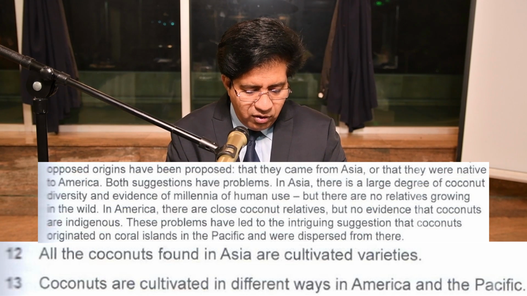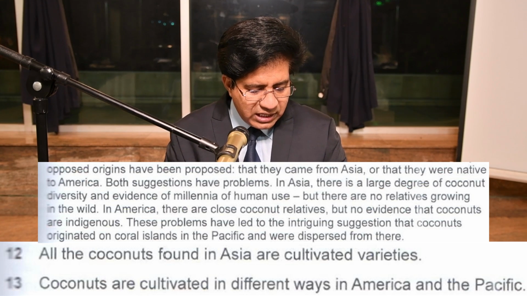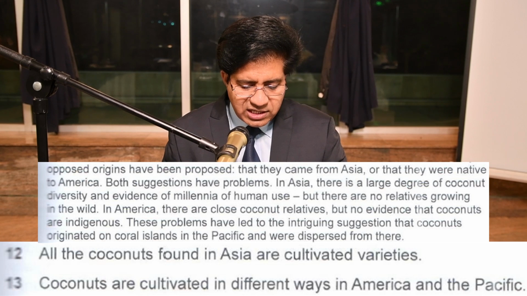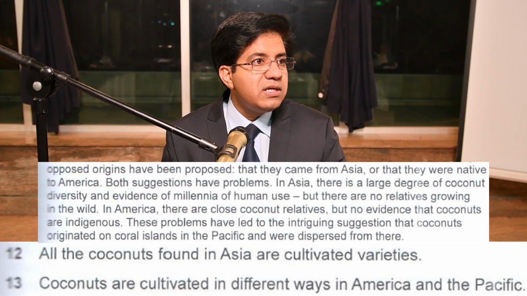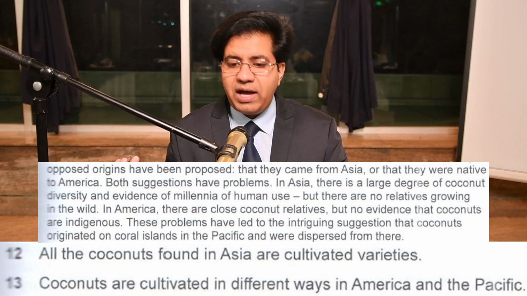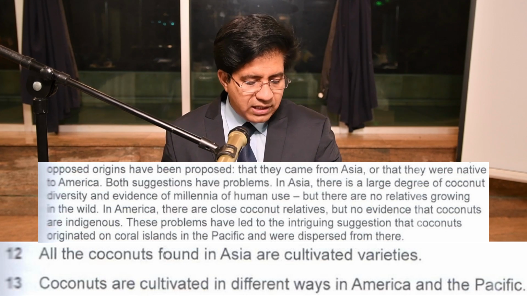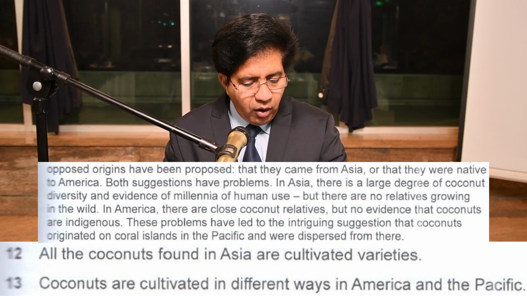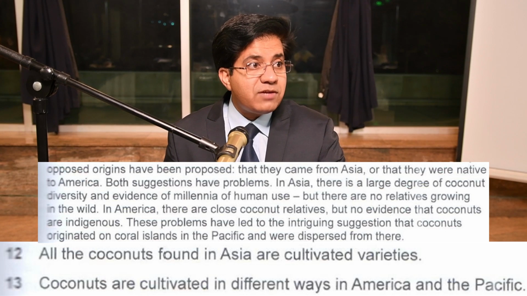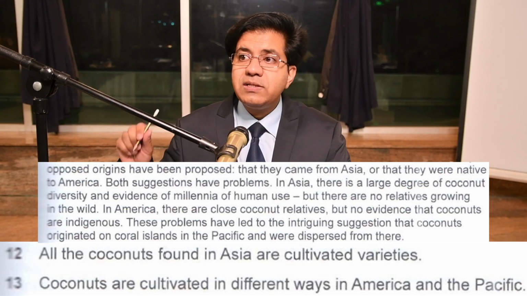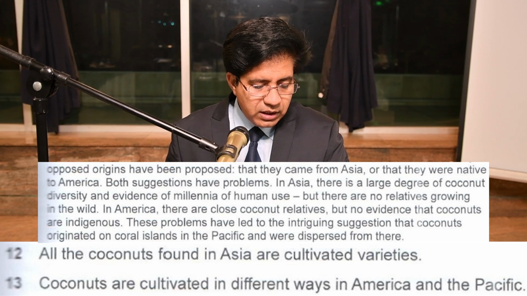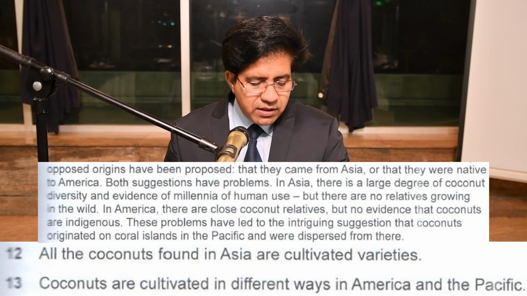So there are no relatives of coconut growing in the wild. Opposite of growing in the wild, actually, they say here, all the coconuts found in Asia are cultivated varieties because there is none in the wild. Answer is? Good.